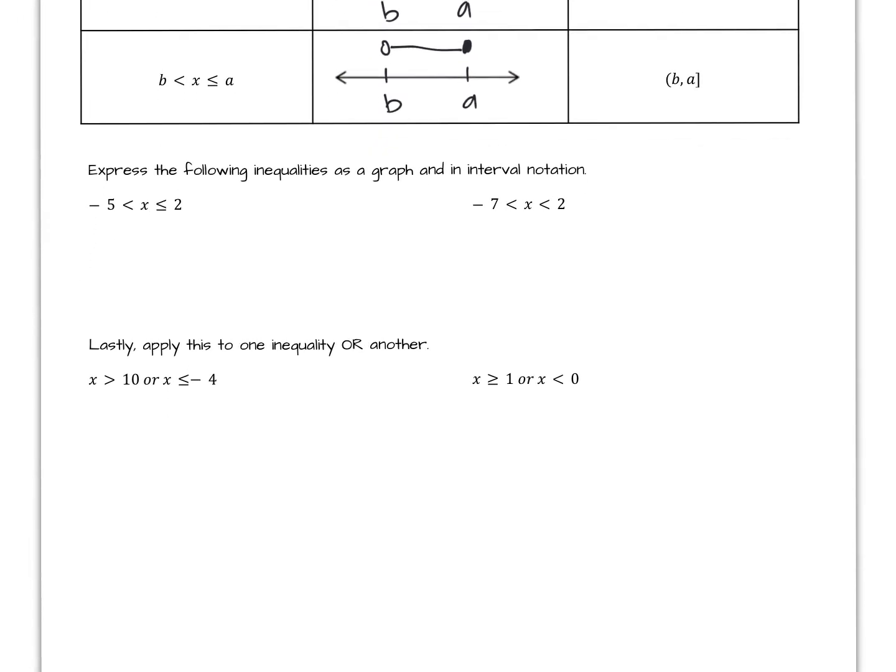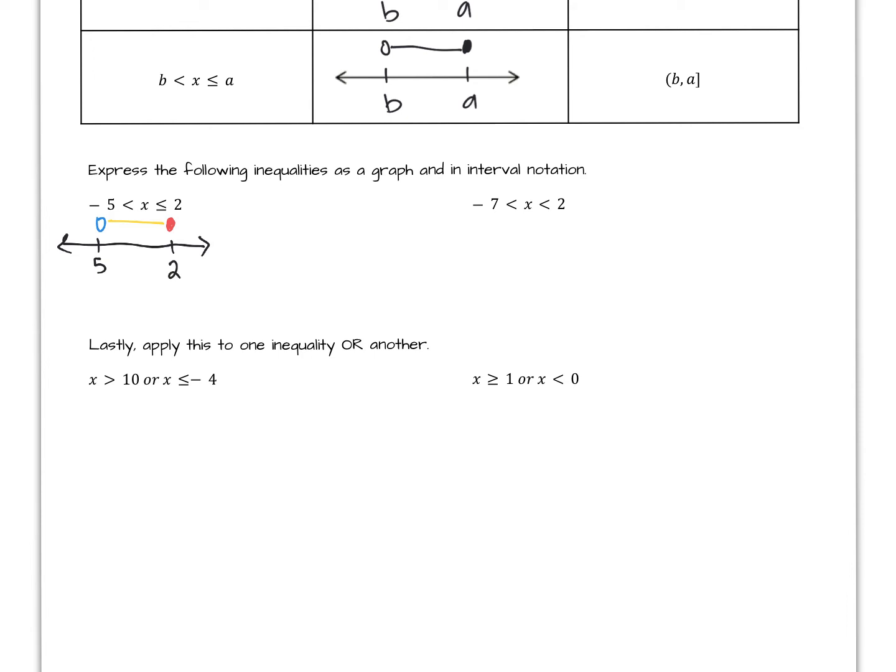So we're going to express inequalities as a graph, and then again in interval notation. So we have x is greater than -5, but less than or equal to 2. So on my number line, we'll have -5 and 2. Because it's strictly greater than -5, it's an open circle, but it's less than or equal to 2, so it's a closed circle, and then everything in between.